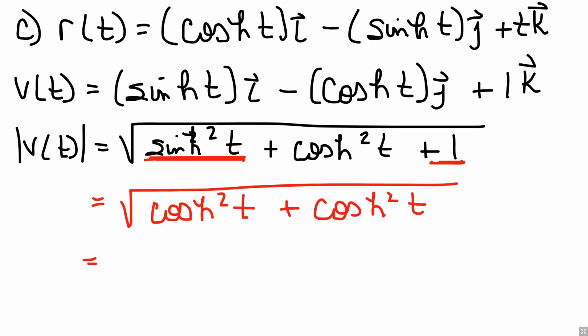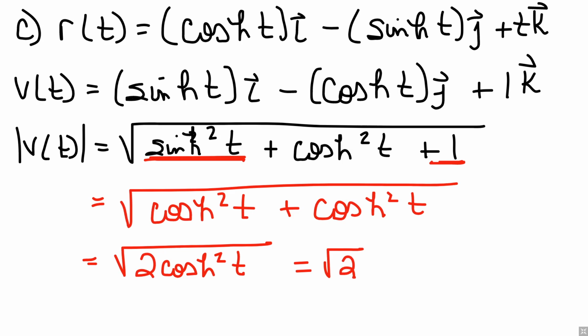So essentially what I'm going to have is the square root of 2 times the hyperbolic cosine squared of t, or we end up with the square root of 2 times the hyperbolic cosine of t. Okay. Any questions there?